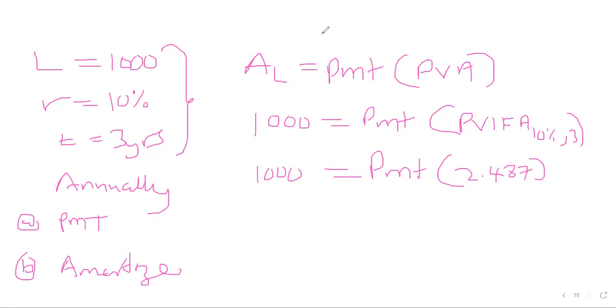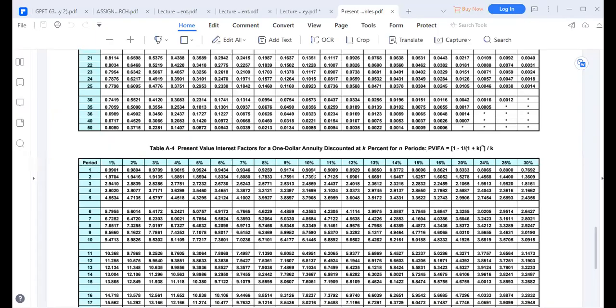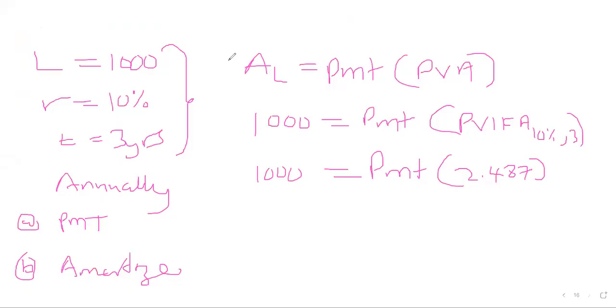We said you go to the annuity table, present value, 10% under 3, 2.4869. So how much will you be paying every particular year's periodic payment? So 1,000 divided by 2.487. So the periodic payment that we'll be having will be 402. At this point, are we together so far? We want to learn how to set up an amortization schedule.